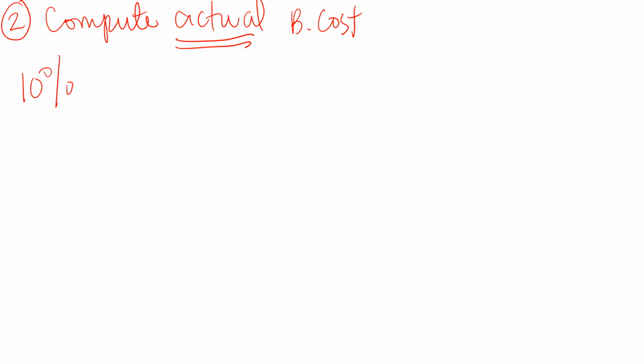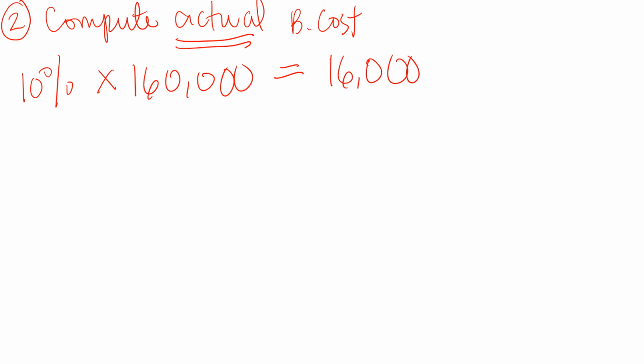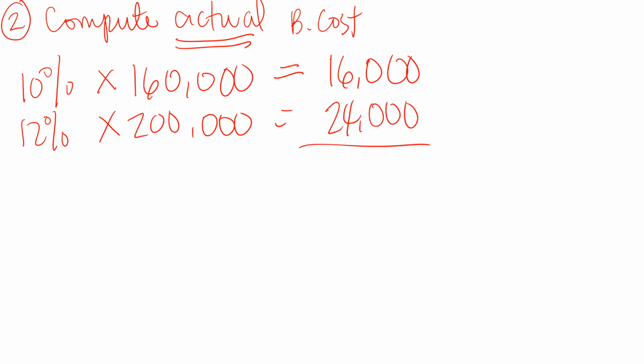Una, yung isa 10%, multiply ko lang 160, kasi outstanding pa to for 1 year. So, from January 1 to December 31, 12 months yun. So, this is 16,000. Yung pangalawa, 12%. Ang face amount is 200,000. So, therefore, this is 24,000. So, ang actual ko is silang dalawa, 16 plus 24. So, 40,000. So, ito yung actual.